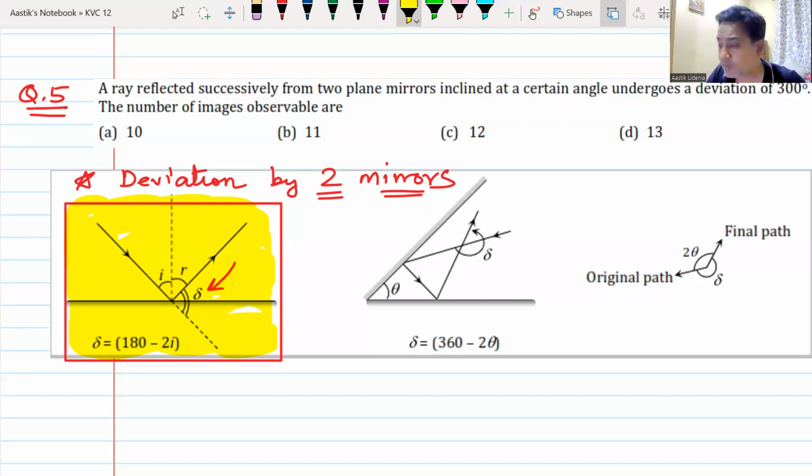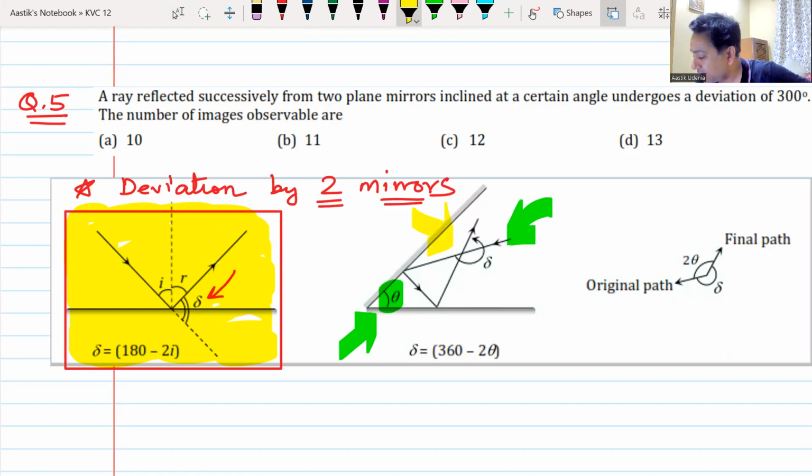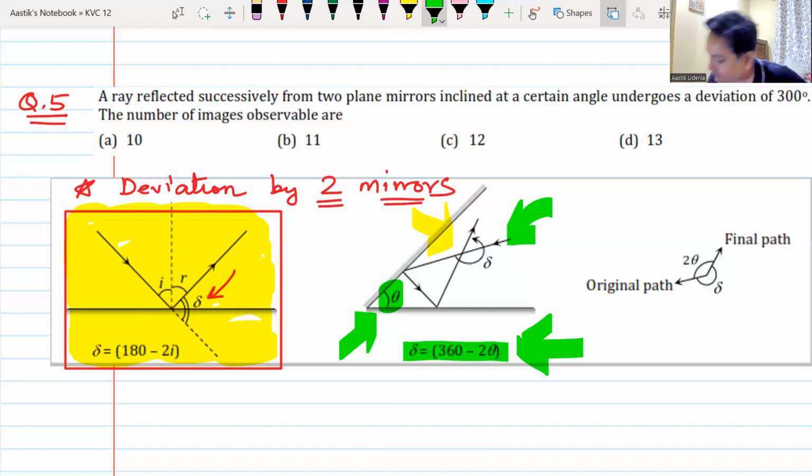Now, if I have two mirrors which are inclined by an angle theta, this is the incident ray and this one is the reflected ray. You may not draw the diagram at all. Diagram is not important. What is important is the result. Remember this formula.